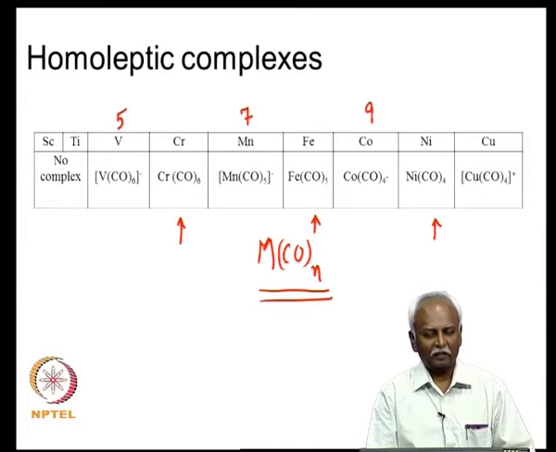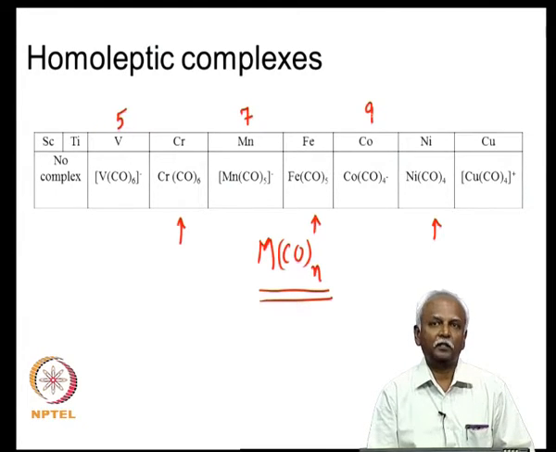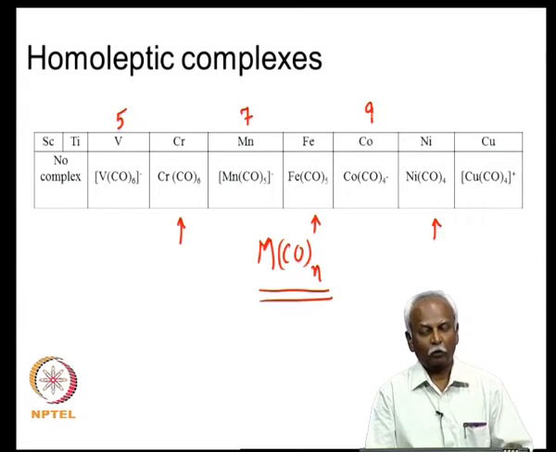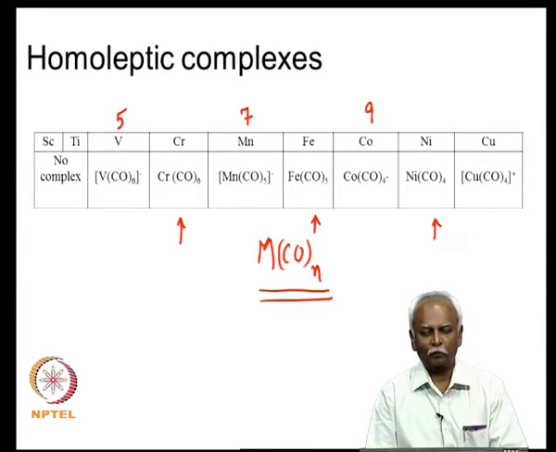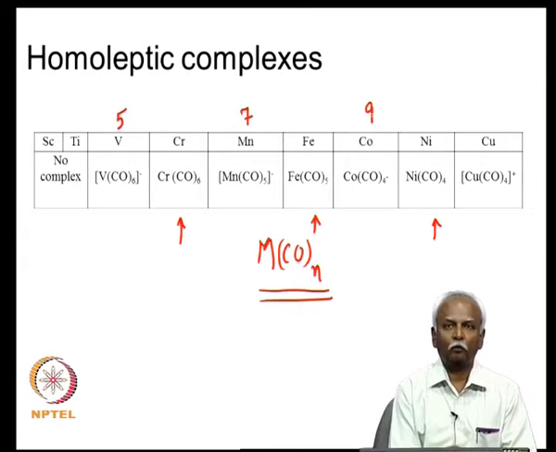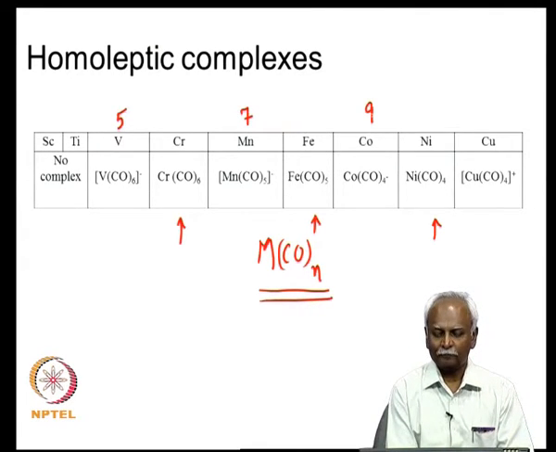Now, if you go to classical coordination chemistry, you will notice that the metals are usually found in positive oxidation states. In these systems where we have an odd number of electrons, surprisingly, you have a tendency to form negatively charged complexes. In other words, the net charge on the complex is -1 in many of these cases, and if it is -1, then since carbon monoxide is neutral, the metal should be in a negative oxidation state.